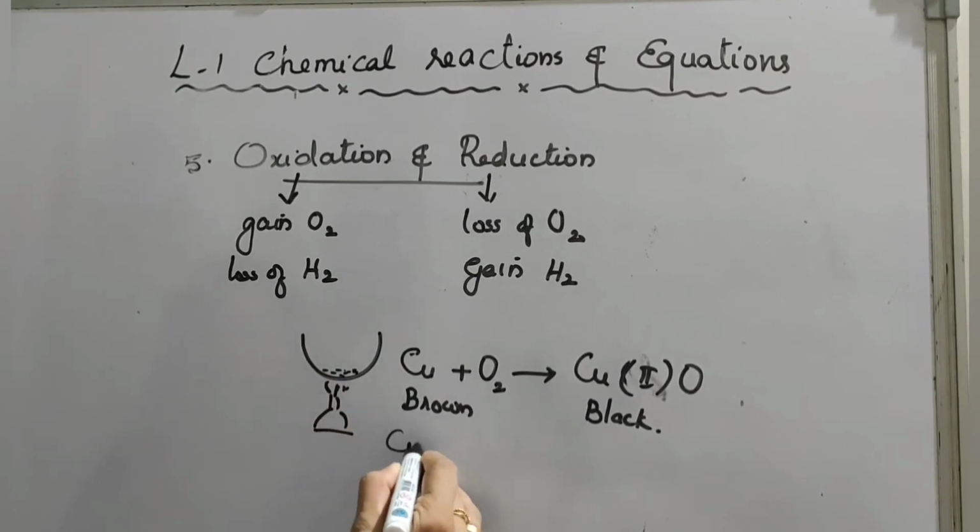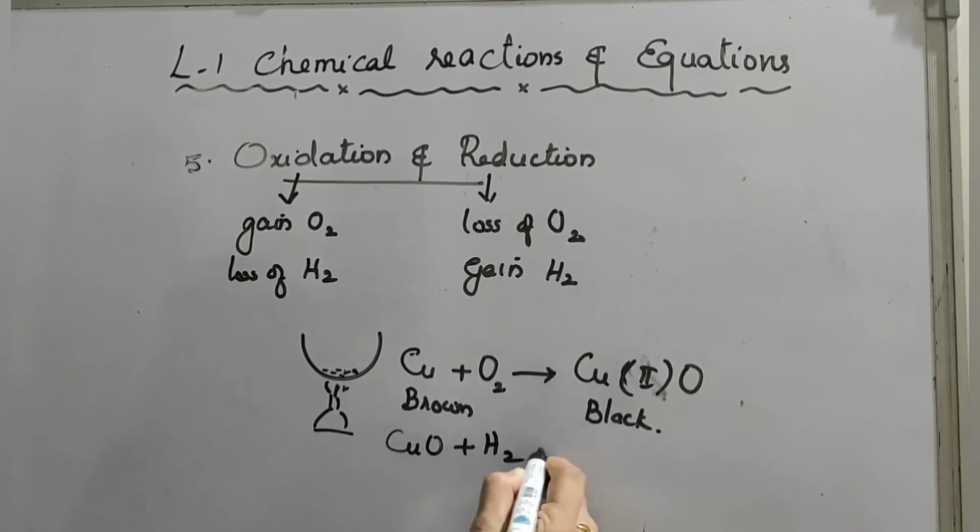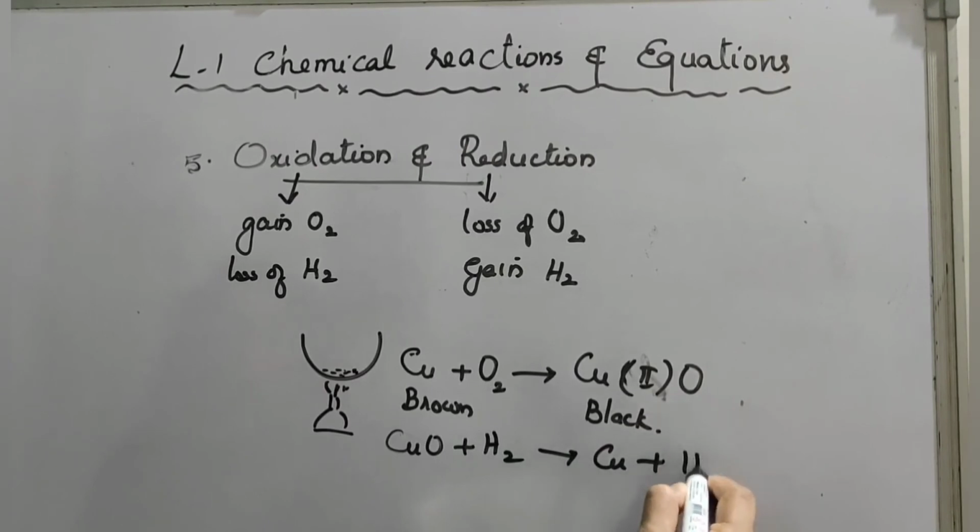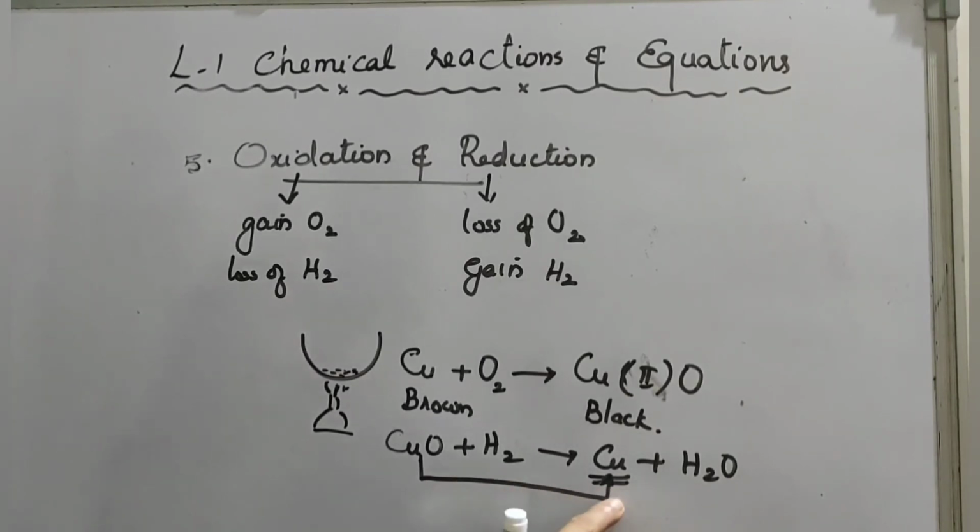So copper oxide plus hydrogen gives copper plus water. That means the reverse reaction takes place, it changes to brown color. Again they form copper. In this reaction, check it out, copper oxide changes to copper, the product is copper.